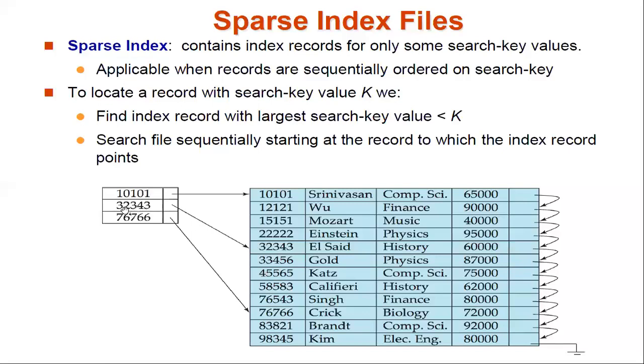Maybe you will not find this exact one, that is, you will not point to 10101. Based on the selected value, this is the next highest value. From this, you'll directly point to this particular record, and from this record, using the pointers, you will move to this particular record, 45565. In that way, the sparse index can be used.